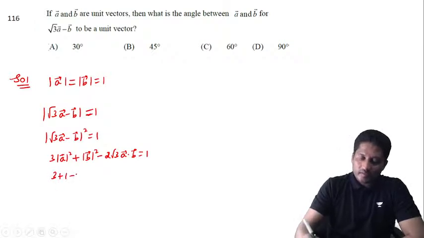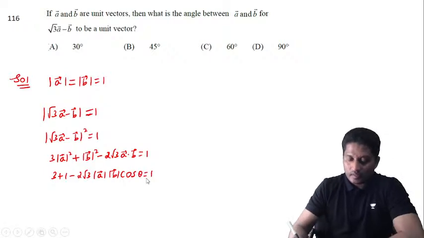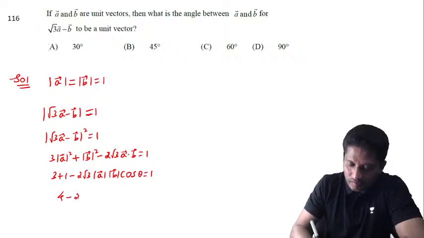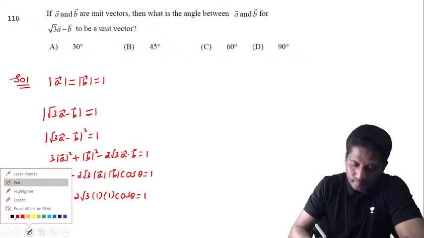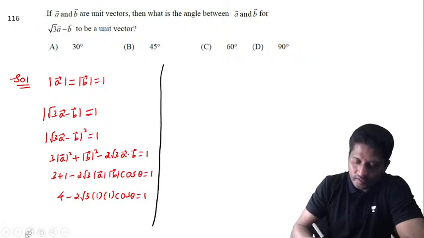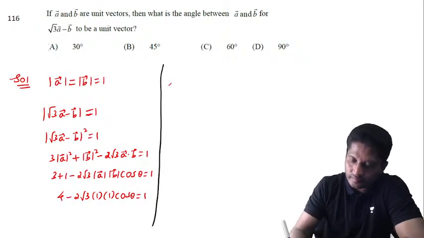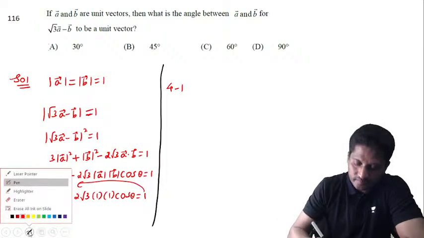So this is 1 plus 1 minus 2 root 3 into A dot B, and A dot B is equal to mod A into mod B into cos theta. Mod A is 1, mod B is 1, so this is 4 minus 2 root 3 cos theta is equal to 1. If you shift here, 4 minus 1 is 3.